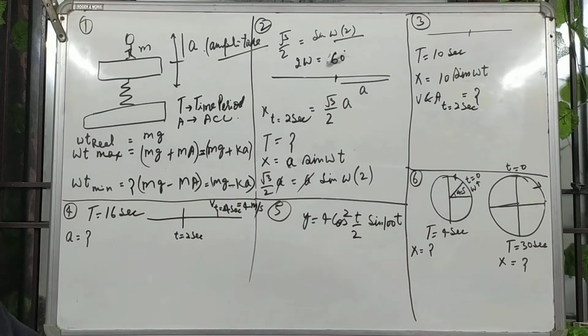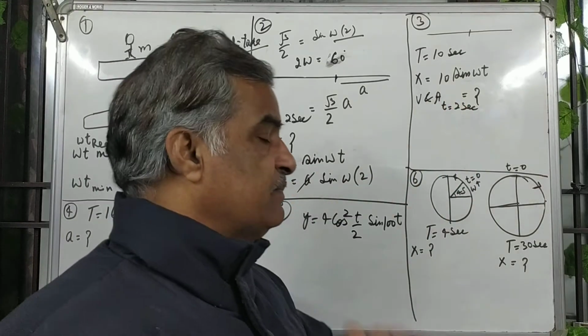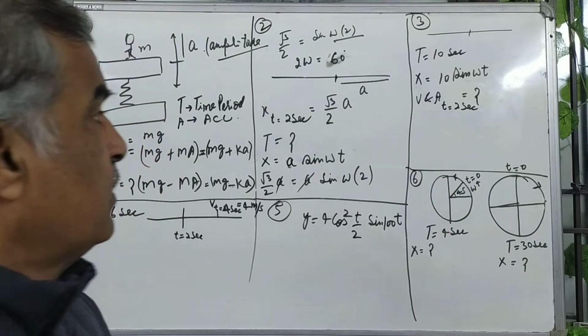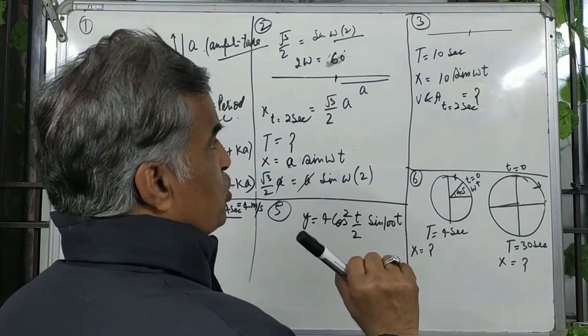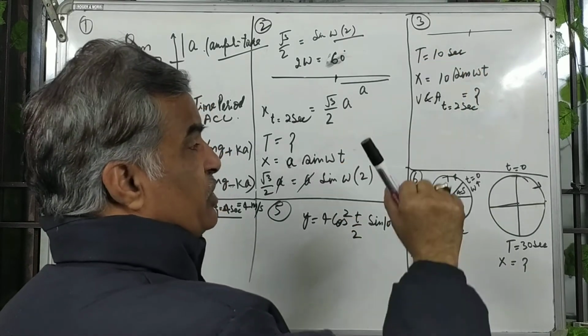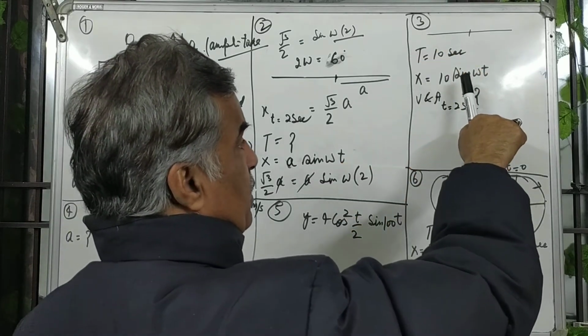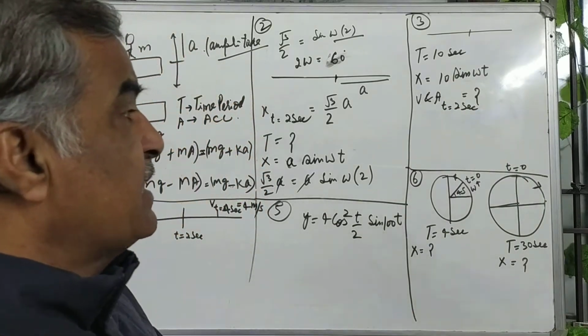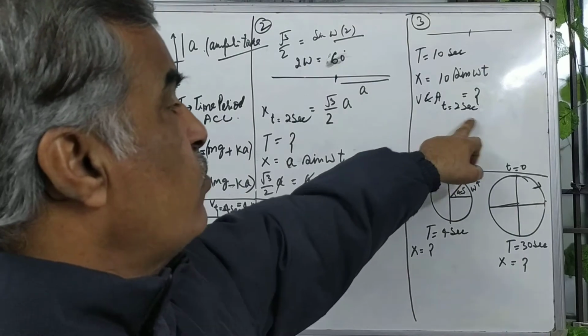This is the question. Question number 3. In this case, there is an SHM motion whose time period is T, and the equation of SHM is x equal 10 sin omega t. To find the velocity and acceleration at t equal 2 seconds.